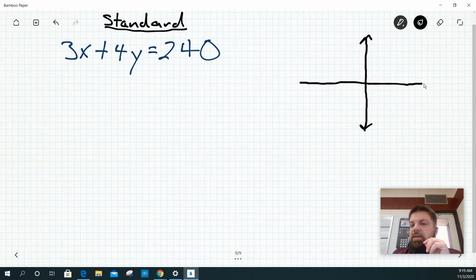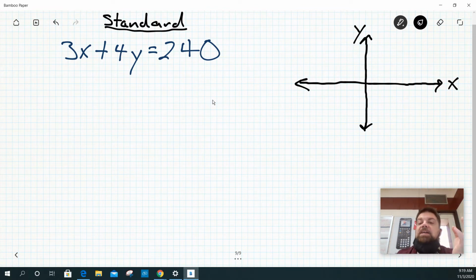So real quick, if I have a graph, right? Now you got to make some assumptions, but all linear functions are going to cross the x and y axis at some point in time because they're a straight line. So what is the y coordinate when you cross the x-axis?